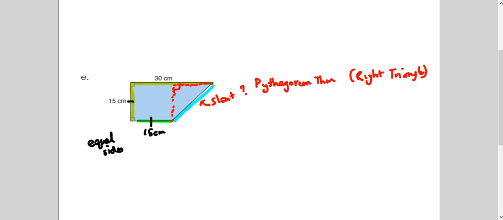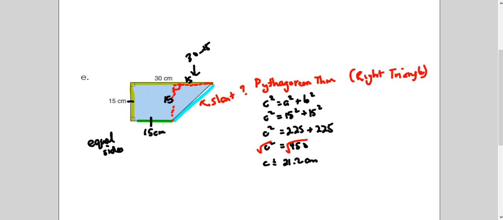Okay, so if I look at this, that is 15 there. And this side, 30's been used, and 15 has been used there. So that's going to be 15 as well. All right, so actually I'm going to push pause now. I want you to find that blue strip there and come back and we'll take a look at it.